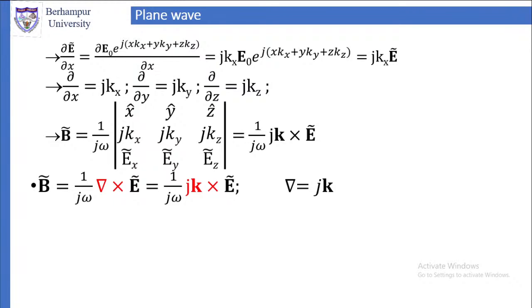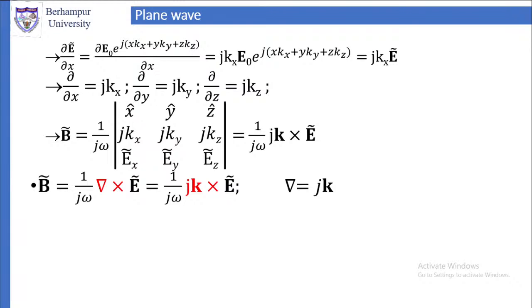Now you get del operator is equal to jk. Remember, this is valid only for time harmonic fields, and that is the first condition that we have taken. It has to be a time harmonic field. The field must be in an isotropic, homogeneous medium, and source-free medium. So time harmonic, isotropic, source-free, homogeneous medium.